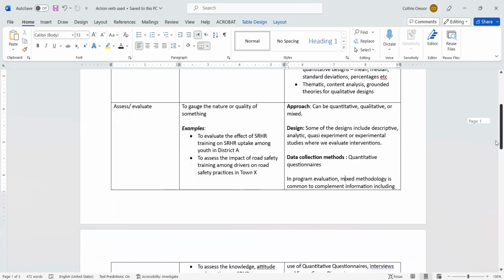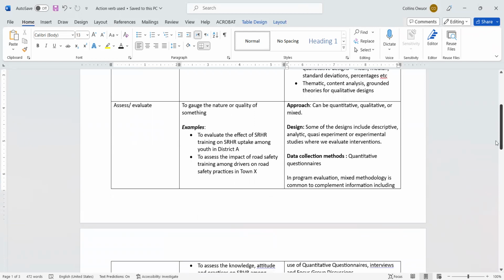So kindly note that I may not be able to go through all of these things in detail because of time. So our second action verb that we may use in an objective is assess or evaluate. To assess basically means to gauge the nature or quality of something. For instance, I had a training of a group of people in sexual and reproductive health, and now I want to gauge the quality of that training.